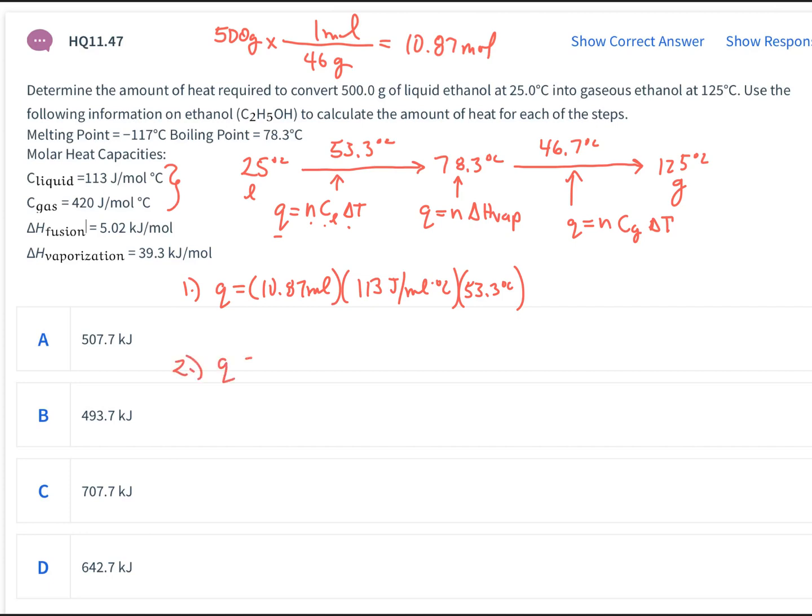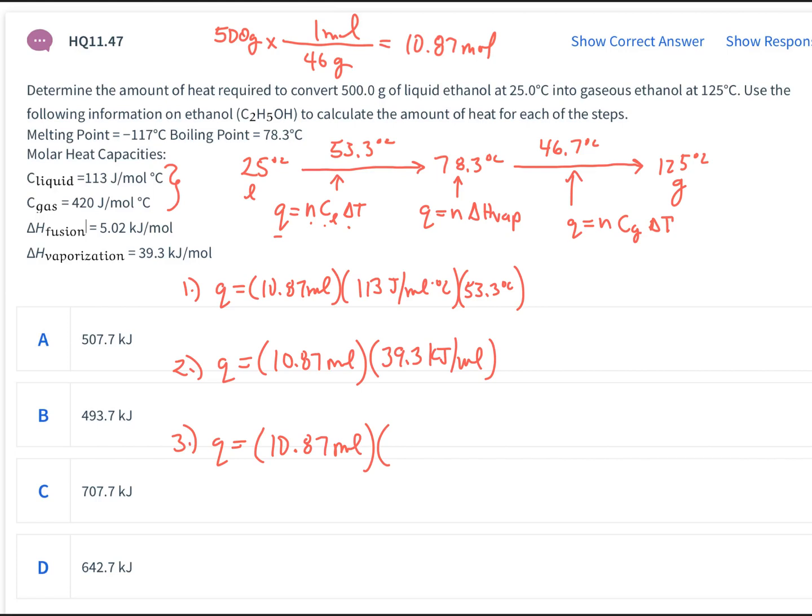Step 2, well, I still have 10.87 moles, and the heat of vaporization for ethanol is 39.3 kilojoules per mole. That leaves step 3, the heat from that step, I still have the same number of moles, 10.87 moles.